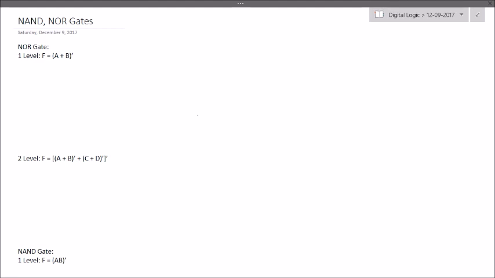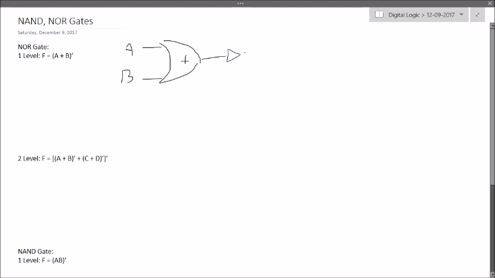So here we have A plus B prime, and the circuit should look like this: A, B, followed by the OR gate, and then an inverter. It's pretty simple.